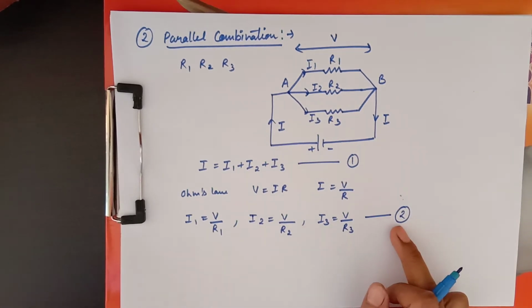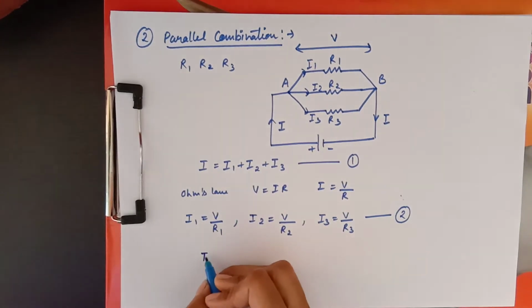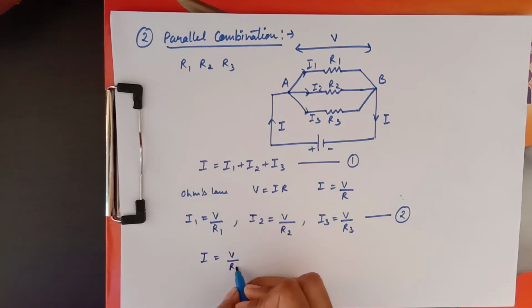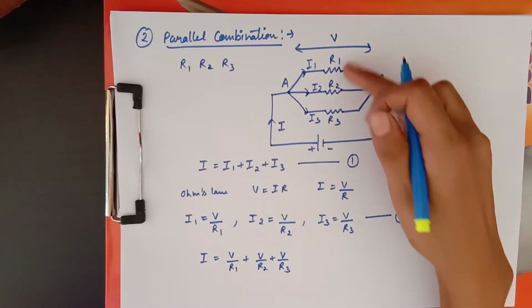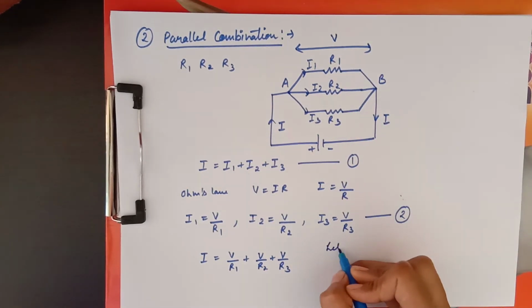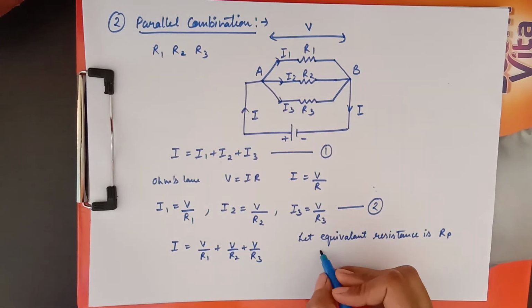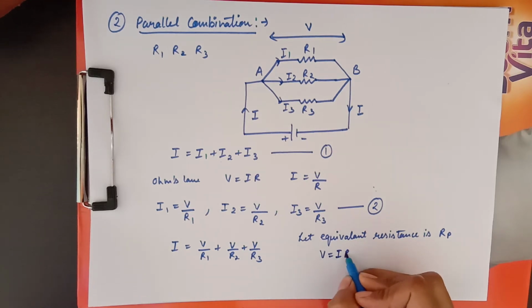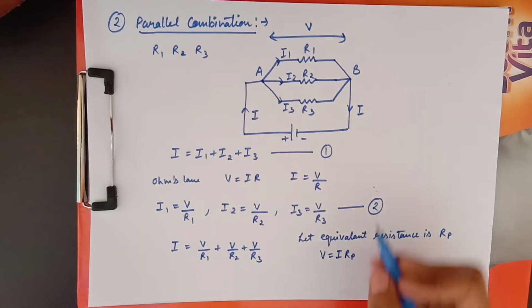From equation number 2, I will put the values in equation number 1. So I is equal to V divided by R1 plus V divided by R2 plus V divided by R3. Now let us suppose that the combined resistance is Rp. Let the equivalent resistance be Rp, then again from Ohm's law V is equal to I Rp, as the total current is I, and V is the same for all.